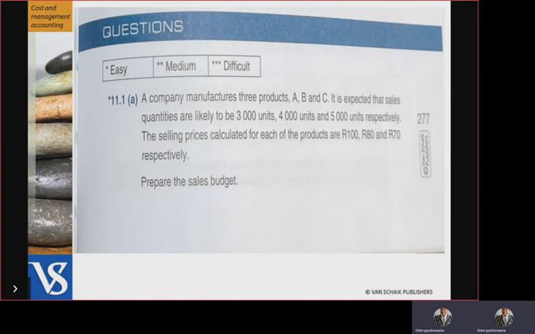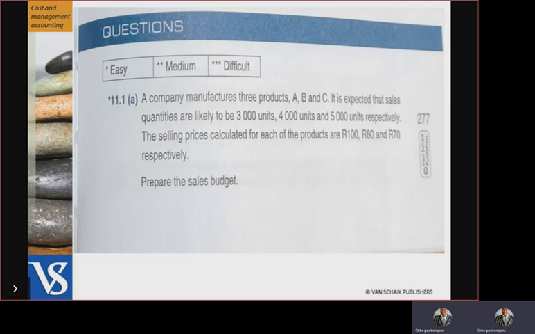This question reads, a company manufactures 3 products, A, B, and C. It is expected that sales quantities are likely to be 3,000 units, 4,000 units, and 5,000 units respectively. The selling prices calculated for each of the products are 100 Rand, 80 and 70 respectively. Prepare the sales budget.